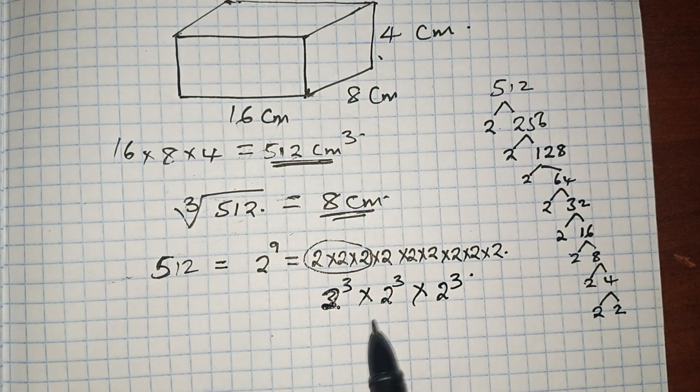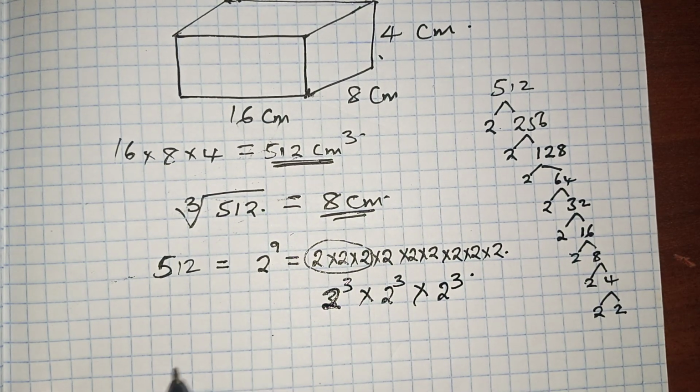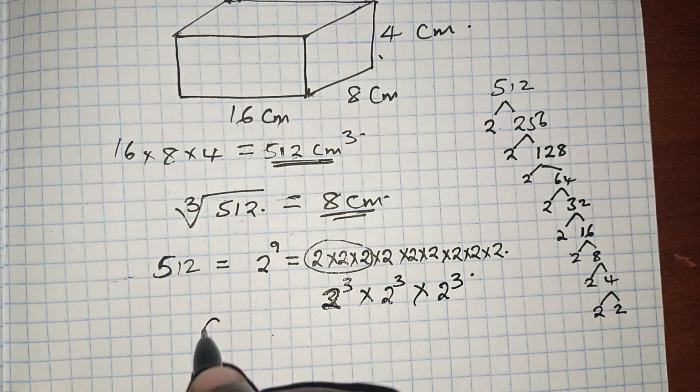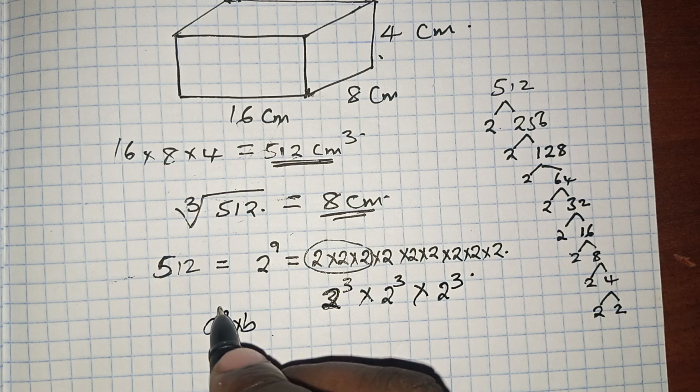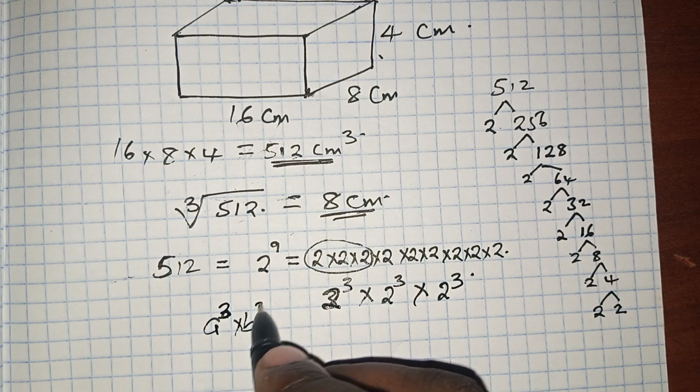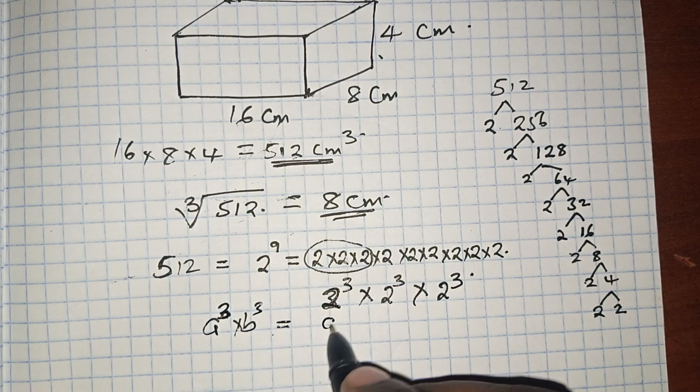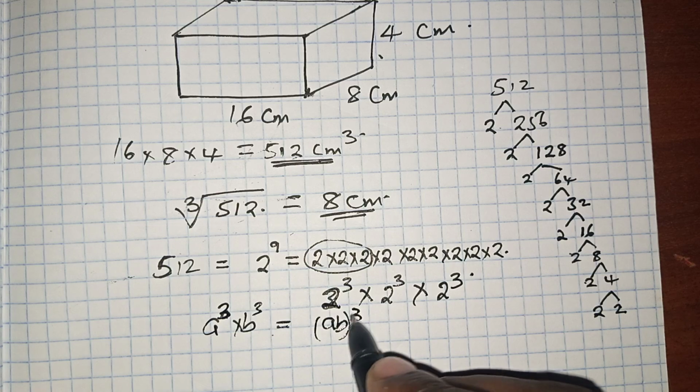How do we go about this? Of course, we know that a cubed times b cubed is the same as saying ab cubed.